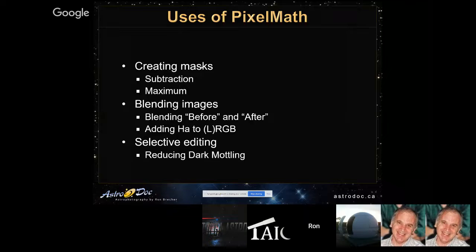So the main uses of PixelMath are for creating masks, blending images, and doing selective editing. And for creating masks, I'm going to show you how you can start with a few simple masks and use things like subtraction of one from another or the maximum operator to make a mask that targets just the thing that you want.